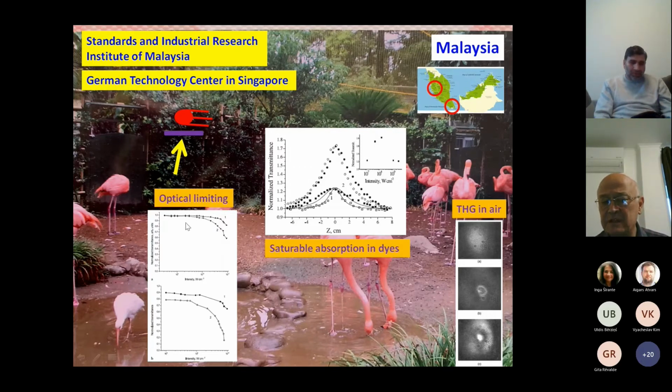Another field of nonlinear optical studies is the opposite. Instead of optical limiting, where the transmittance of the material drops with increasing intensity, we can create conditions where transmittance increases with increasing intensity, for example close to the zero position in Z-scan.